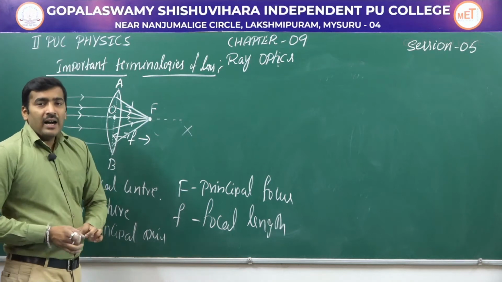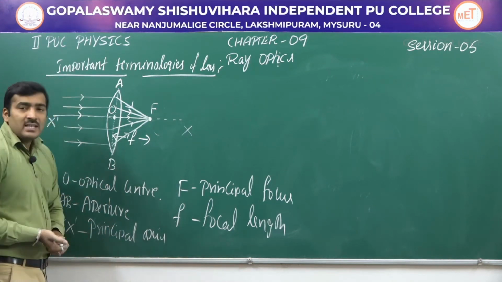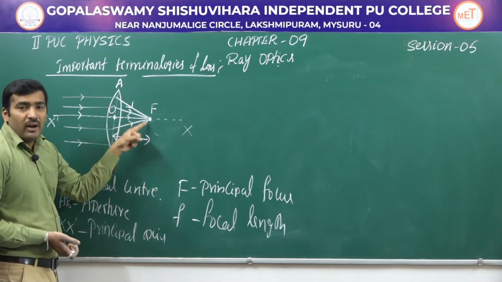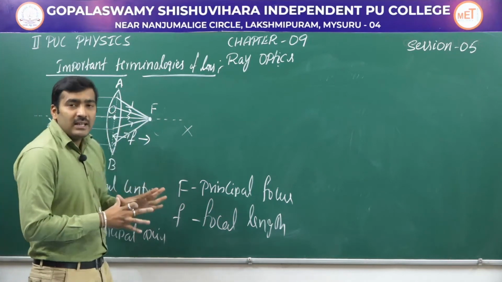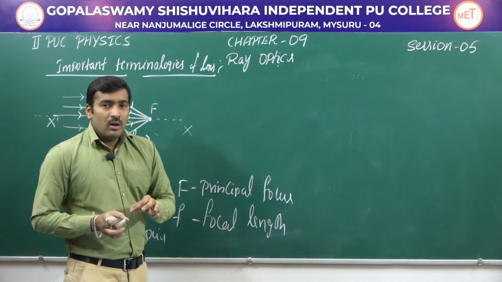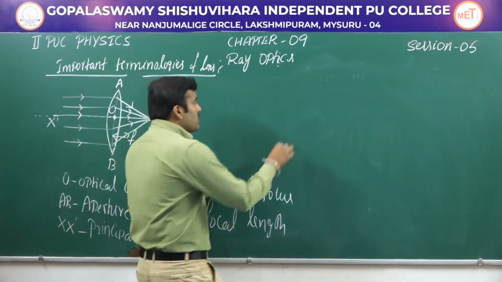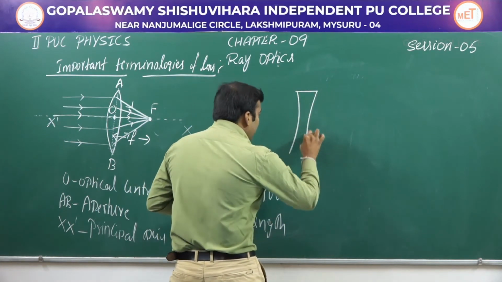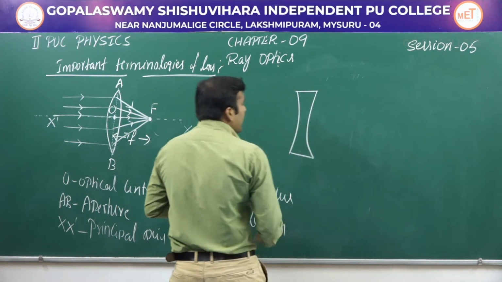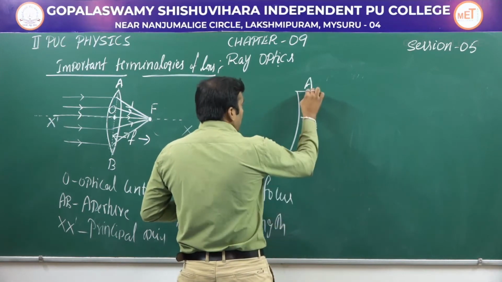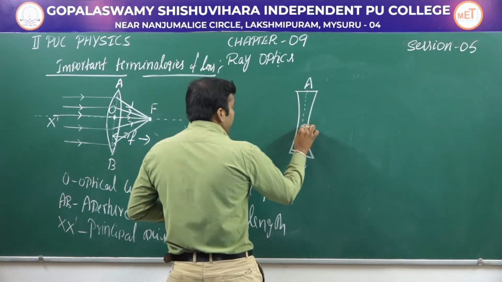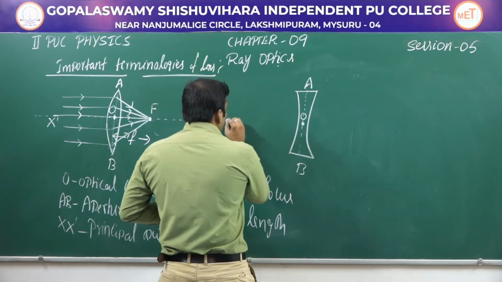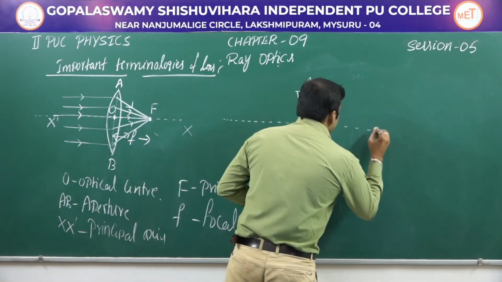I said that when a parallel beam of light is incident on a convex lens, the rays are going to converge at F. But this will not happen in the case of a concave lens. What may happen here? Let us say that we have a concave lens, and for this concave lens, let me draw an aperture and also mark the optical center O, and this is a principal axis.